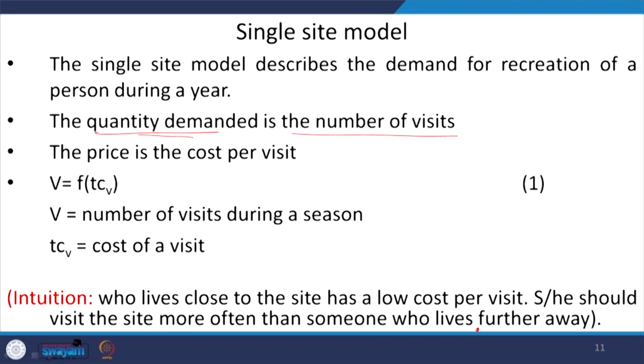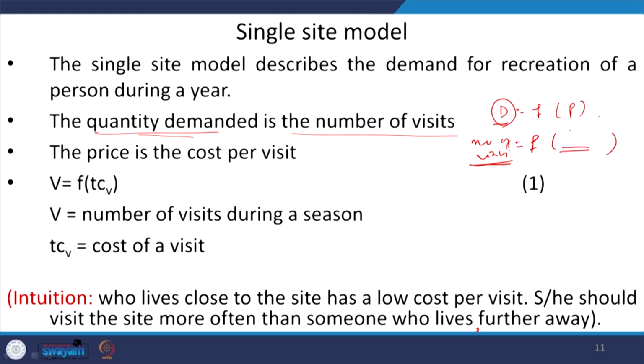Here we take into account the same demand price relationship. As you understand, demand is a function of price. If you are taking the demand as the number of visits, then the number of visits will be a function of the price. What will be the price for the number of visits?